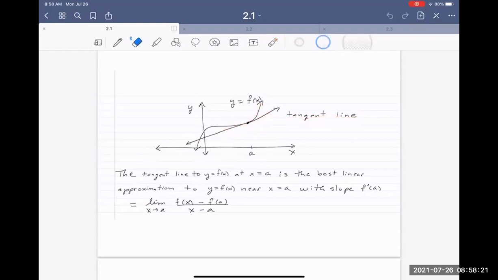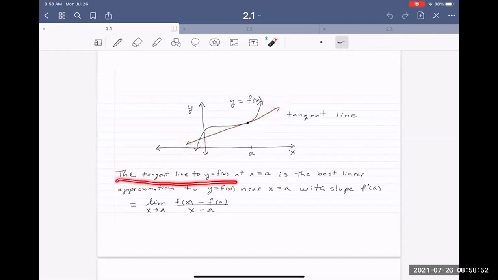So as we get closer and closer and closer to x equals a, my curve looks more and more just like a line. Whatever that line is that it looks like will be called the tangent line.